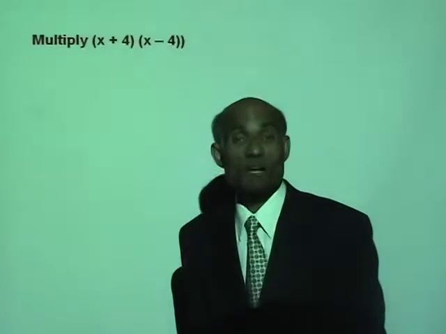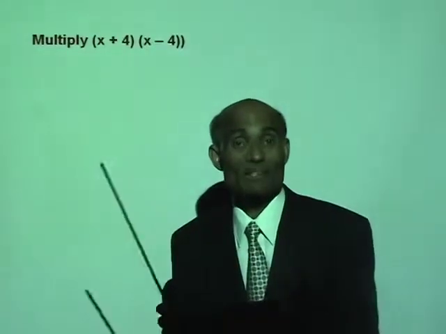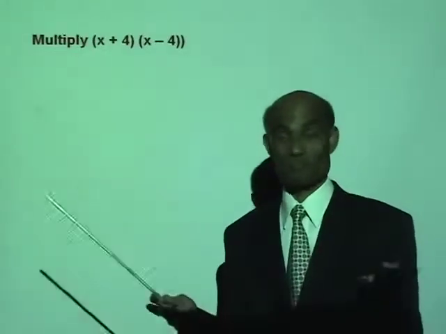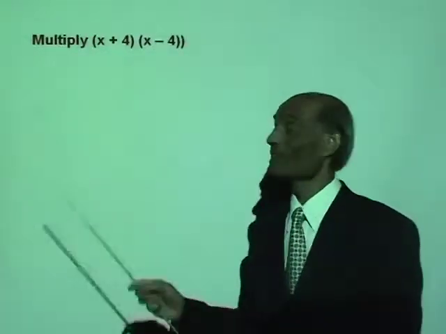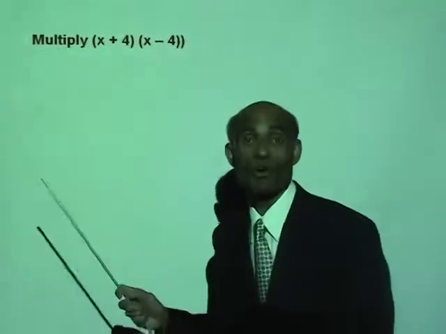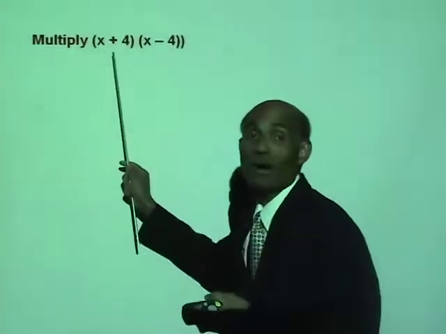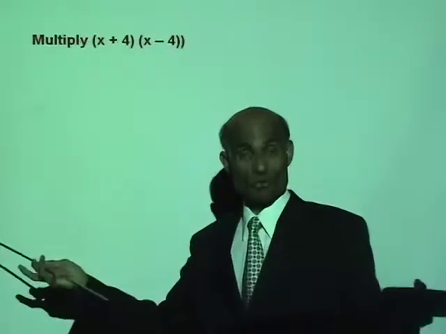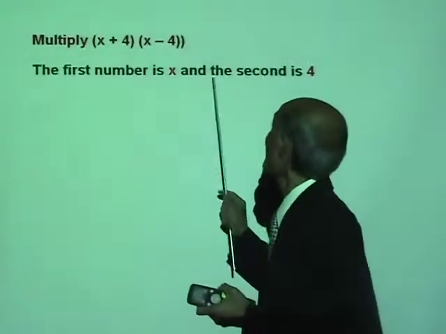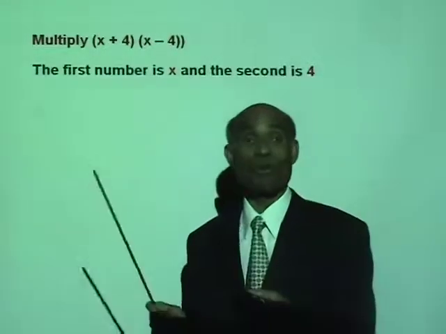Okay, how about this? Multiply x plus 4 times x minus 4. Can you do that? Very simple. X plus 4 times x minus 4 will be x squared minus 4 squared. Is that right? The first number is x and the second number is 4.